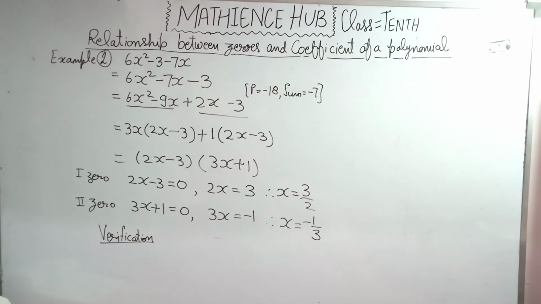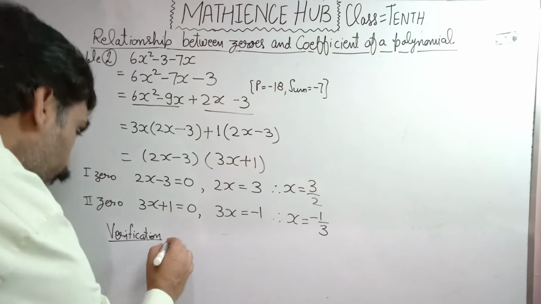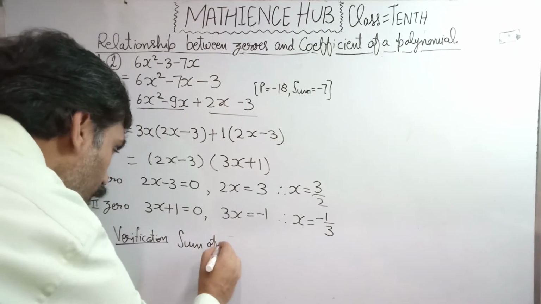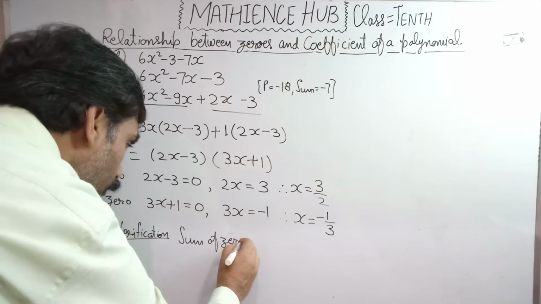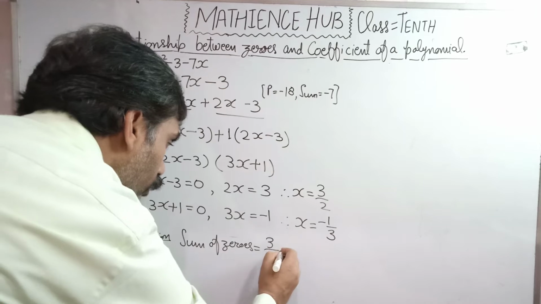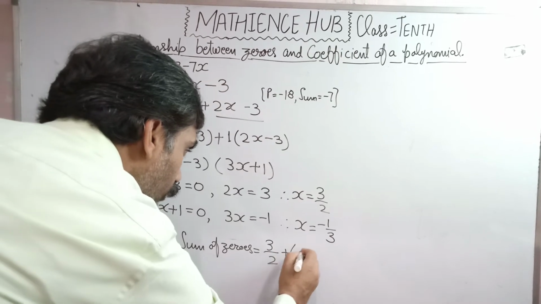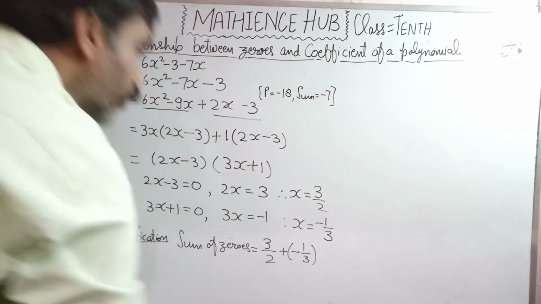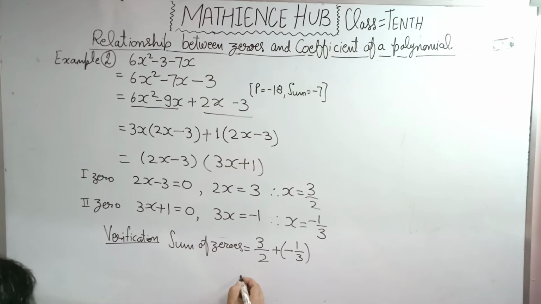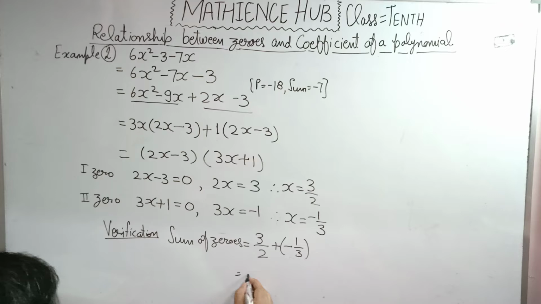First we find the sum of zeros. Sum of 3 upon 2 plus minus 1 upon 3. We find the LCM.